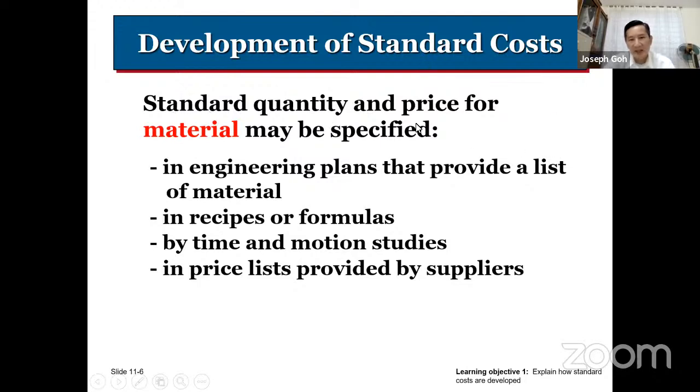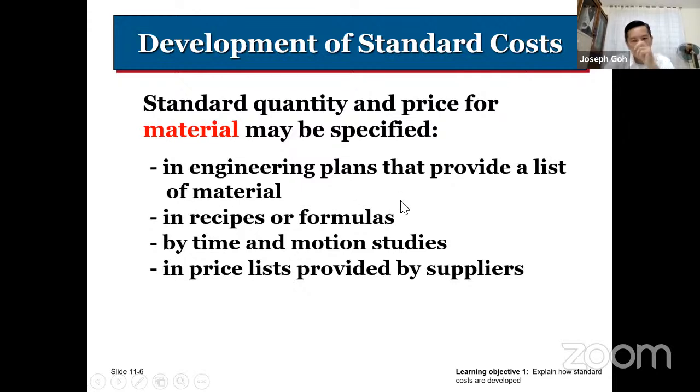So standard quantity and price for material may be specified. In the standard costing process, there are three main components we need to build: raw material, of course, and labor plus the overhead. Material is one of them. So they will do the study. Of course, they will get the engineer or the procurement manager to study what kind of material is required to produce the product.